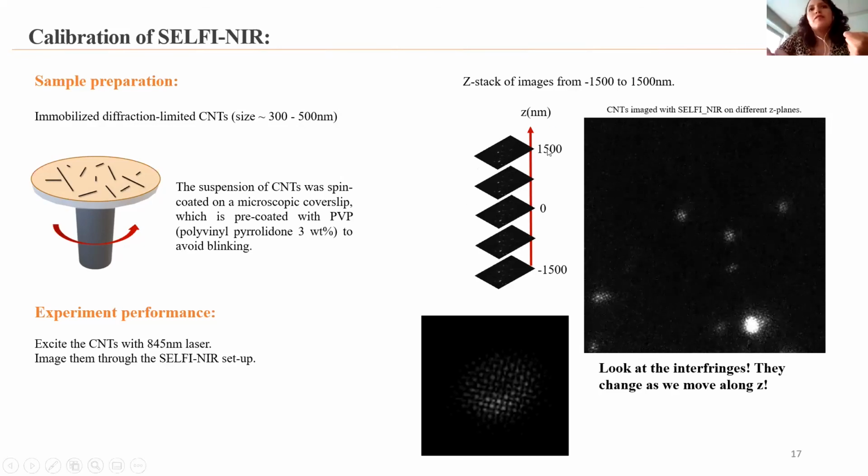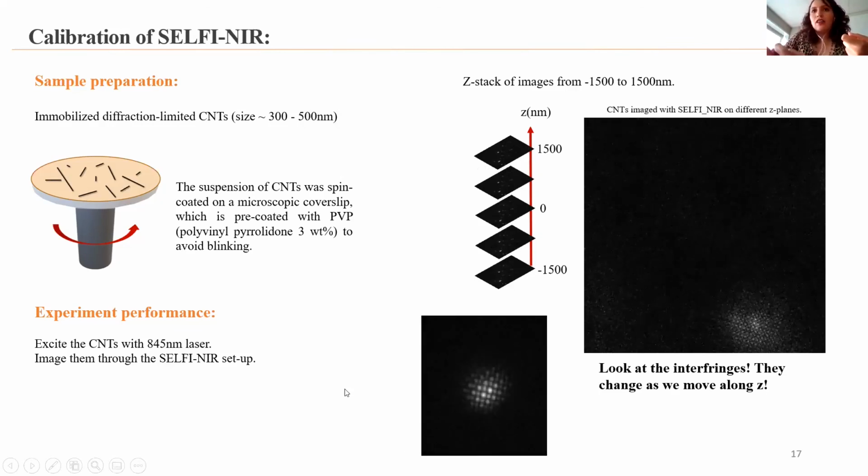We make a bunch of images along Z, and that is what we see here in this video. Each of them is a carbon nanotube, and we see the interference pattern. Look, it changes depending on the position in Z. Therefore, we can retrieve the axial localization.